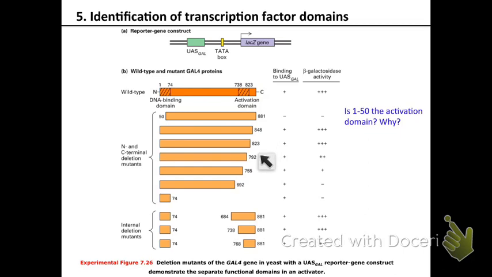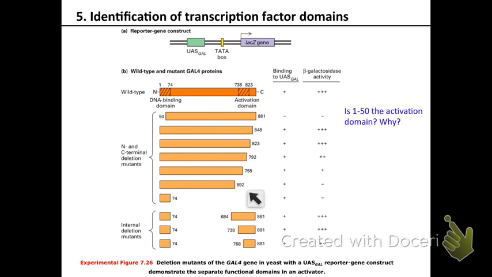And now you go further and further. What about between 823 and 792? Can that be the activation domain? Yeah, right? Because you're doing something to the protein so that its activation ability is going down, and that's depicted by 2 pluses instead of 3. Then you delete a little bit more, from 792 to 755, and you reduce the activation activity even more.